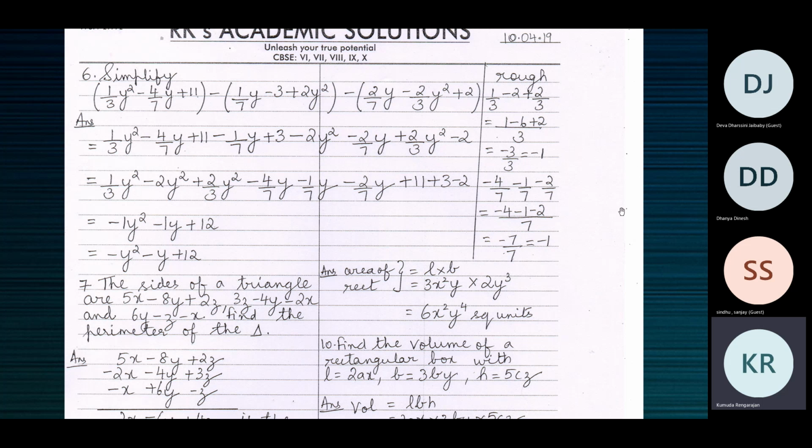And for the constants, 14 minus 2 is 12. Minus 1 y square is nothing but minus y square, minus 1 y is nothing but minus y, plus 12. So when you simplify this expression, the answer is minus y squared minus y plus 12.